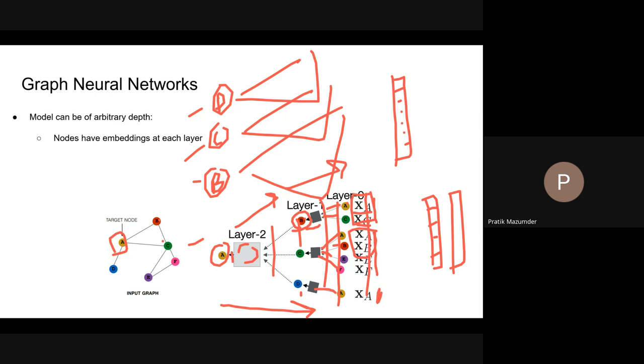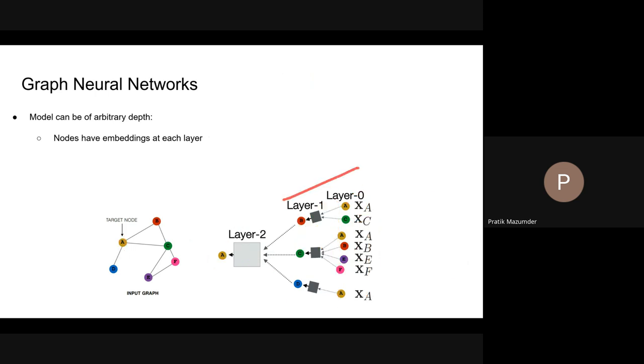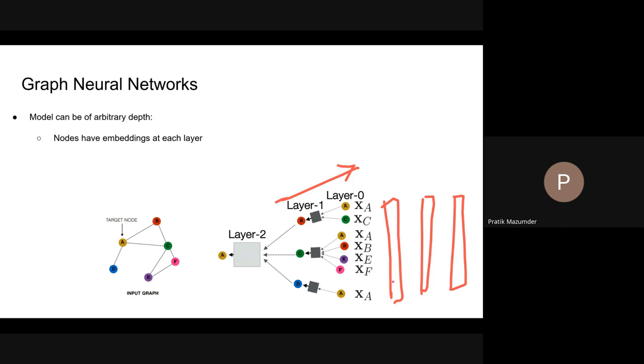In a real application, you will be updating all the nodes at every layer. I can give you a good diagram like this because I'm only looking at A. Once we come to the network part, I'll be able to explain a bit better. Let's wait for that.